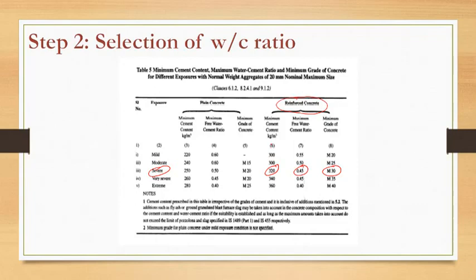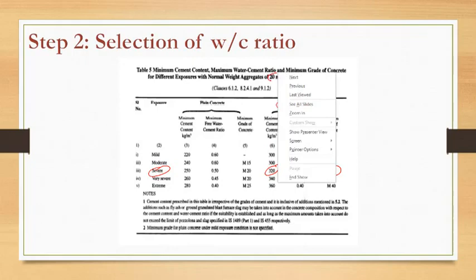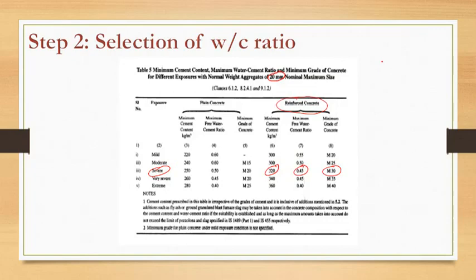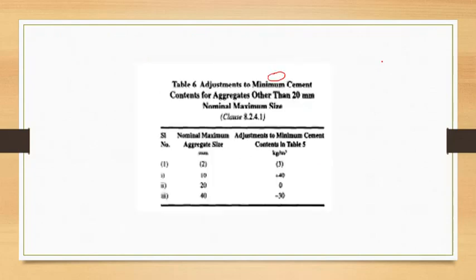But this 320 kg per meter cube minimum cement content is only applicable for aggregate size 20 mm. If it is different from 20 mm, then we have to make certain adjustments, and these adjustments are according to this table 6 of IS 456 2000, where different adjustments are given for different aggregate sizes.